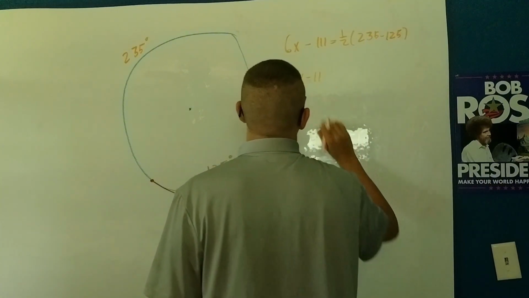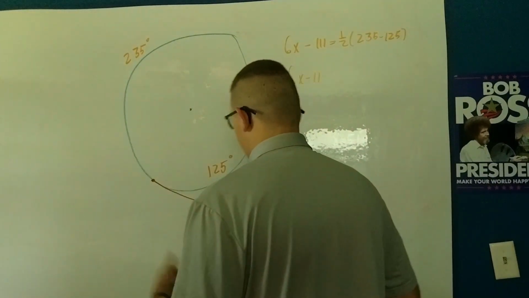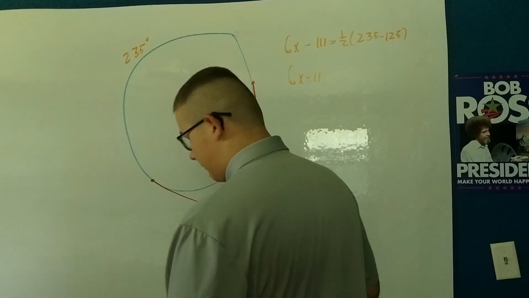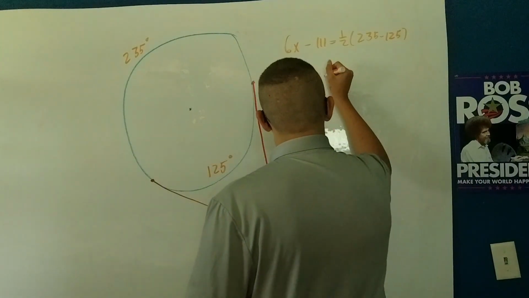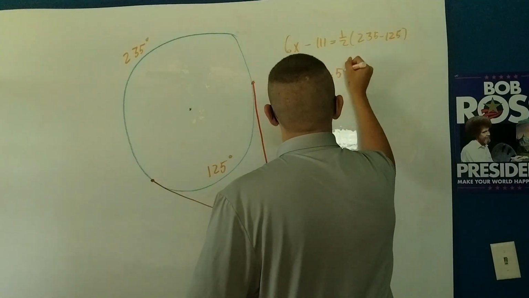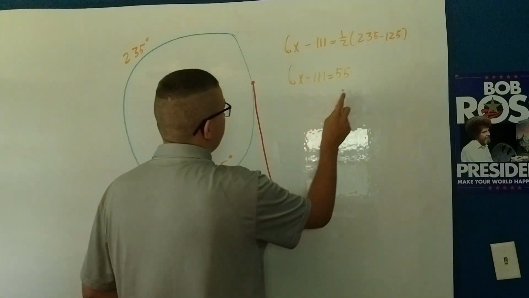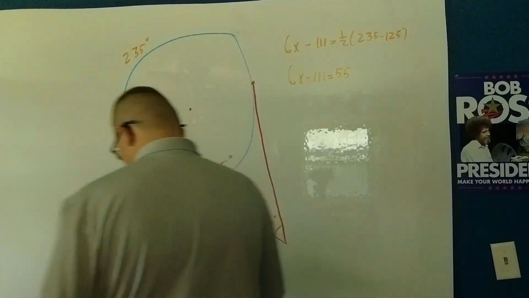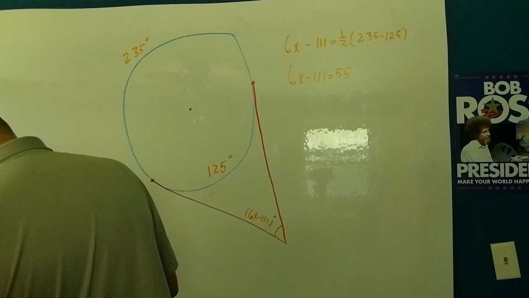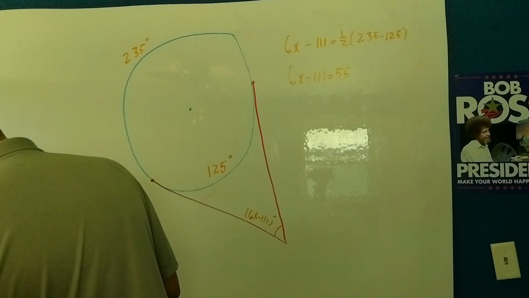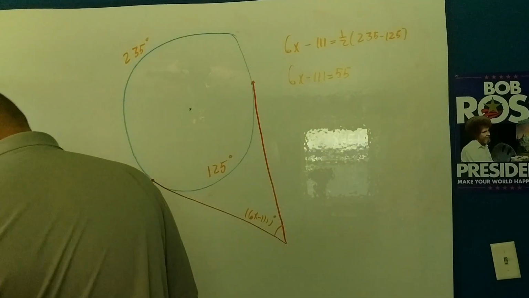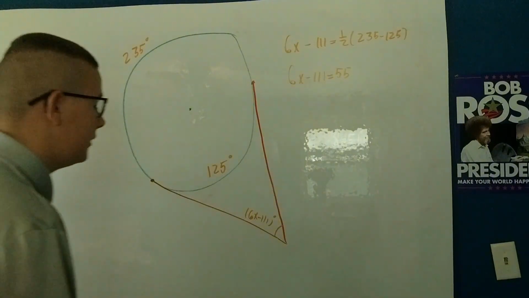Half of 110 equals 55. So you get 55, like that. Now, if we add this over, add 111 to 55. Oh, shoot. I'm stupid. I apologize.